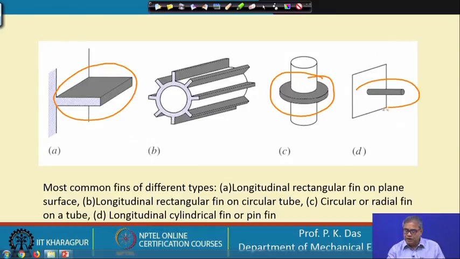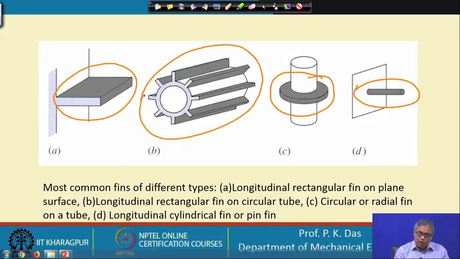In case of pin fin only one fin has been shown, but rarely in any practical application is a single fin used. So, basically we use a fin surface, but in all these cases, for clarity and understanding, we have shown only one typical fin. In actual practice there will be a large number of fins on the surface.